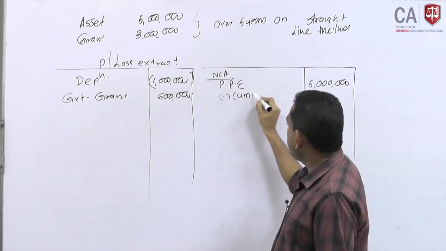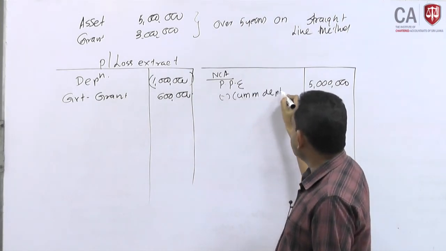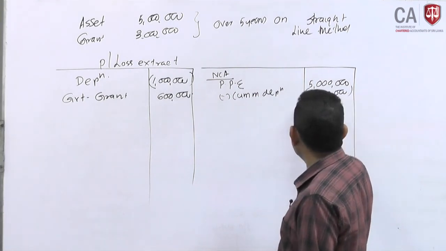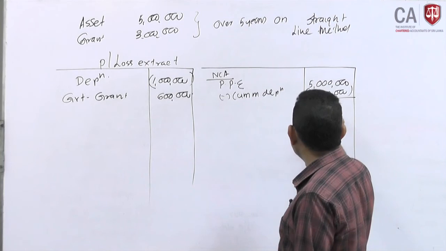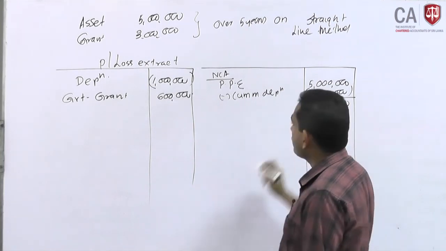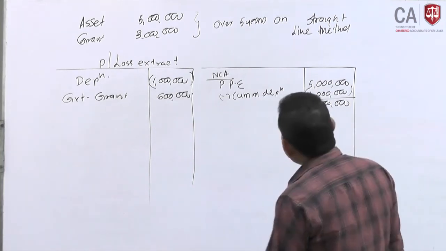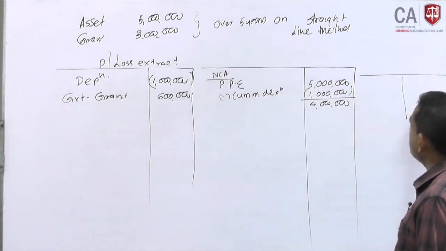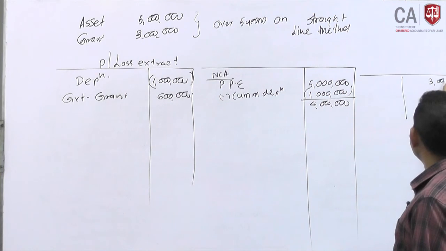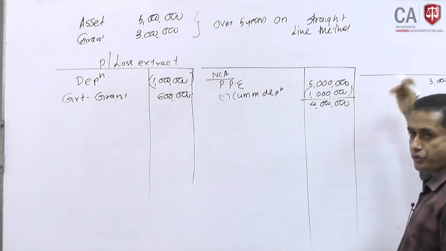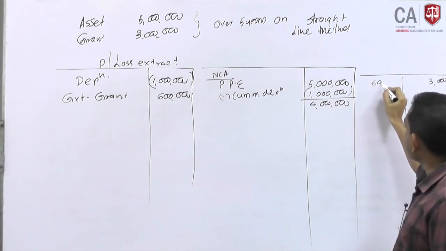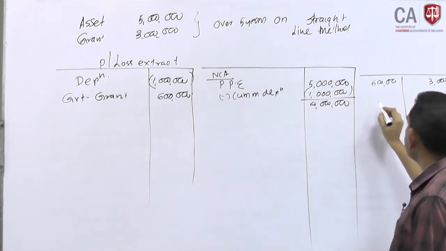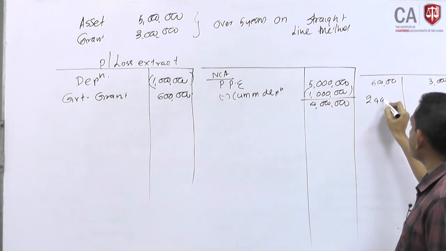Minus cumulative depreciation at the end of the first year, which is 1 million, the written down value becomes 4 million rupees. And the deferred revenue account we opened had a credit balance of 3 million rupees, out of which we had drawn 600,000 rupees to profit and loss. So, the balance in the deferred revenue account is 2.4.